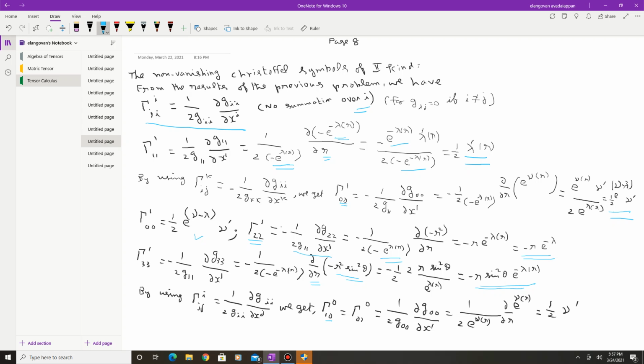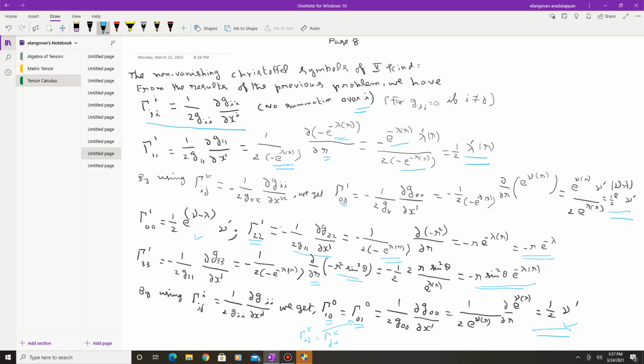Since it is symmetric with respect to these two indices, this is the same as gamma 0 0 1, because we have already defined gamma k ij is equal to gamma k ji. From the result this is 1 by 2 g00 partial derivative of g00 by x1, and if you differentiate you get this expression. So this is the result.